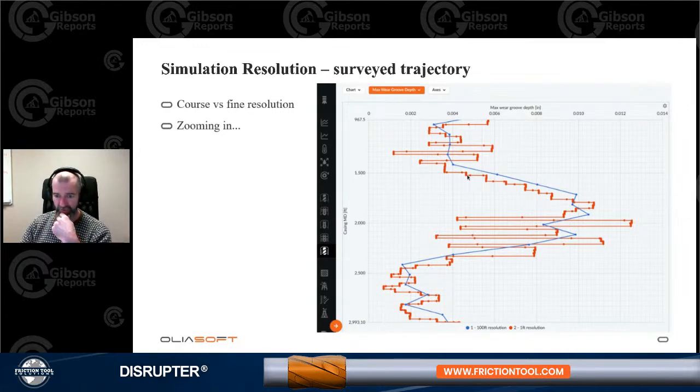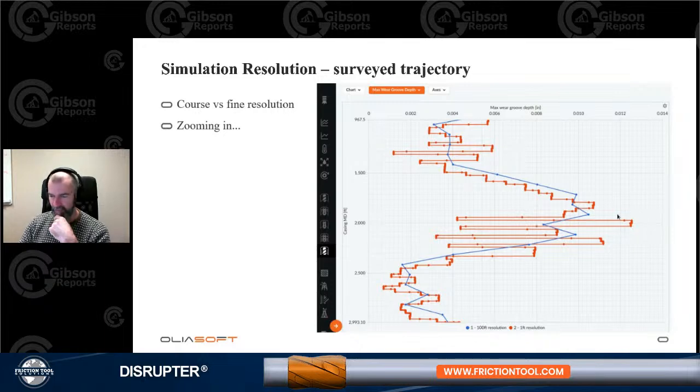The blue points are the 100-meter resolution, and one might think that it doesn't look that bad, but at this 2,000 feet location, we actually get a lot less wear than we do just by changing the resolution of the analysis. And that should be a cause for notice, right?